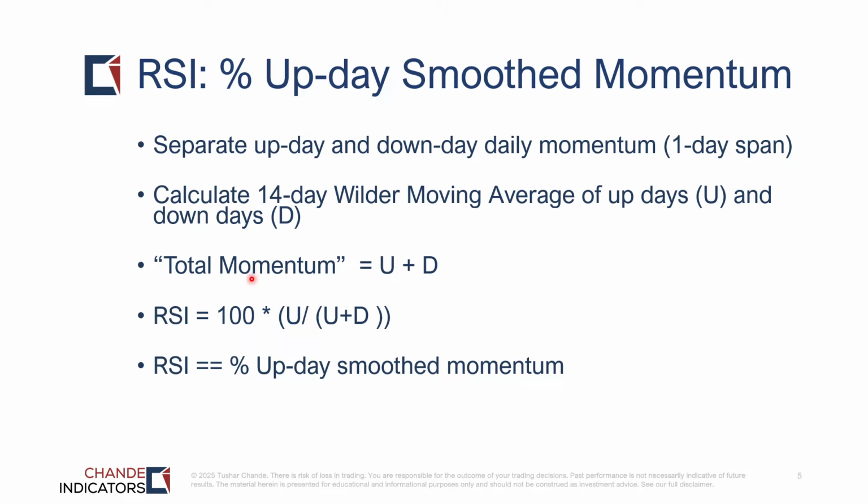And the so-called total momentum is the sum of U plus D, and the RSI itself is U, the up-day smooth momentum, divided by the sum of the so-called smooth momentum. So RSI is really percentage up-day smooth momentum. So it's sort of a strange calculation.